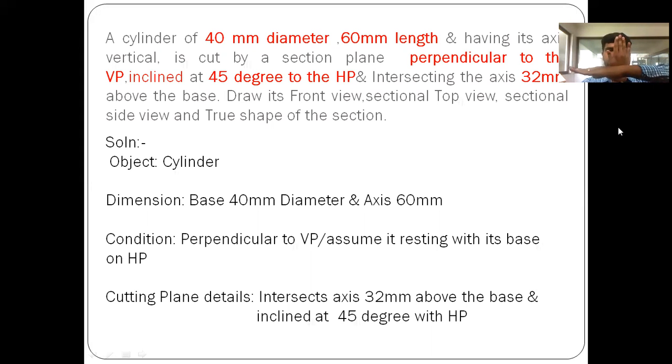This front direction is perpendicular to the vertical plane. Assume it is resting with its base on the HP. Cutting plane details: it is going to intersect the axis 32 mm above the base and be inclined at 45 degrees to the HP.